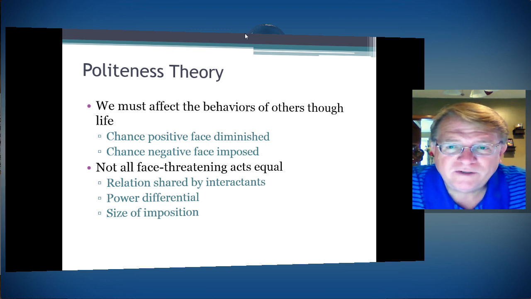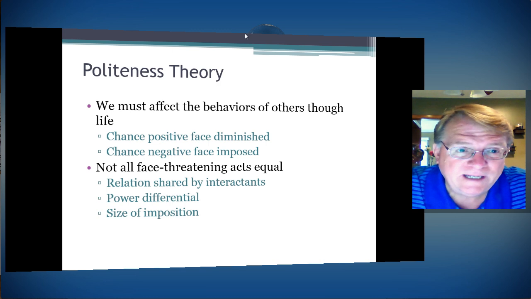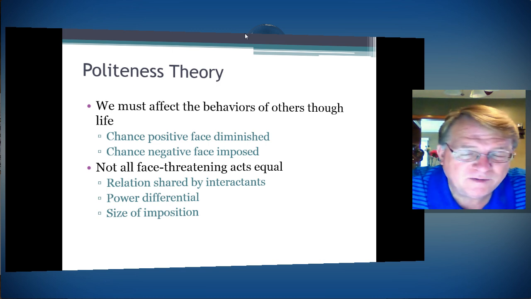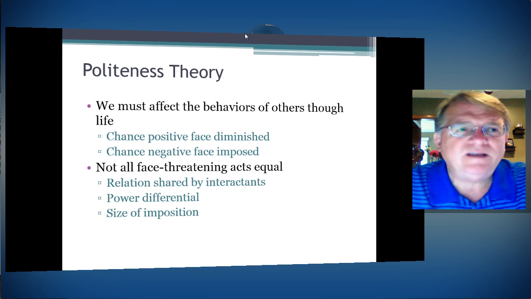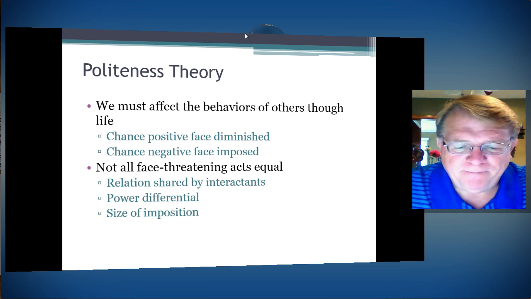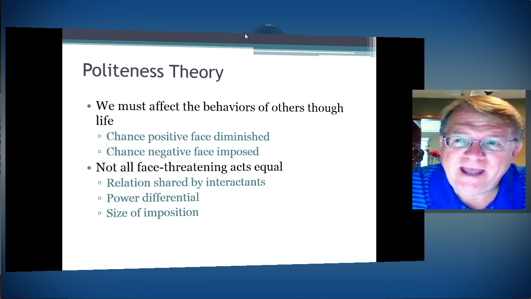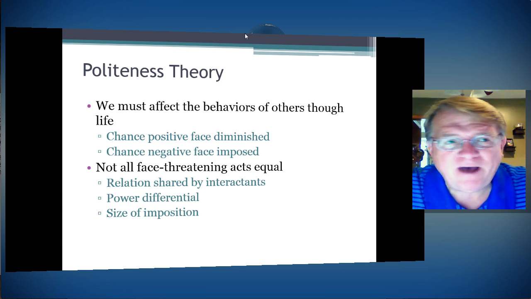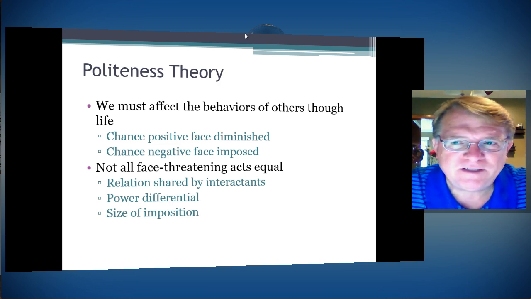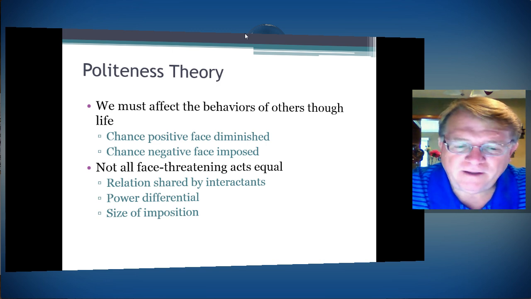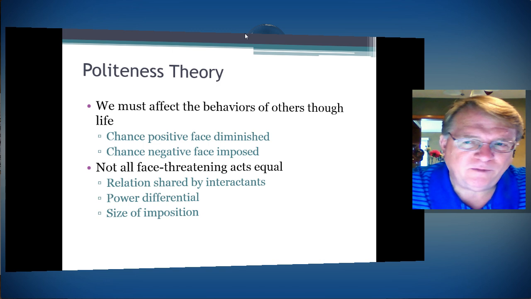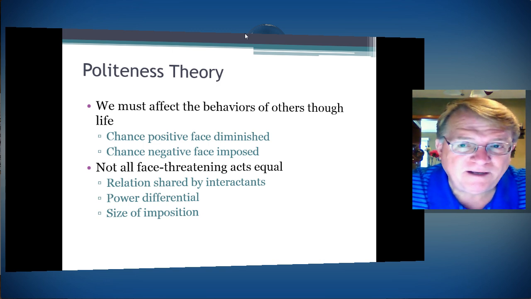If you have power over somebody because it's an employee, or someone that you manage, or anything like that, and also just how big is the imposition you're about to place on them. You can determine whether or not it's something, but you have to think about it.